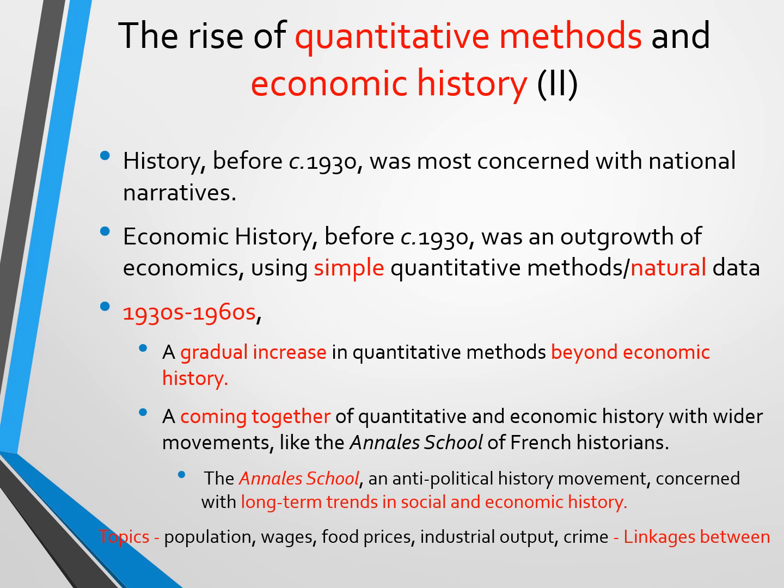And they build up from the bottom like that with long-term trends, looking at things like agricultural output, poverty, early industrial output over a very long time span. Again, an anti-political history movement based on this kind of self-reflection following the First and Second World Wars. Now, the big topics here: population, wages, food prices, industrial output, crime, and linkages between them.